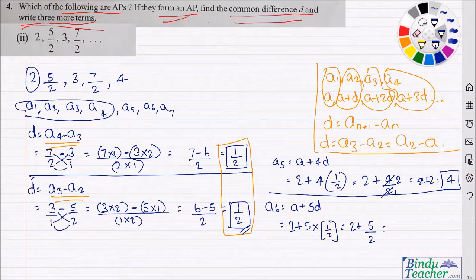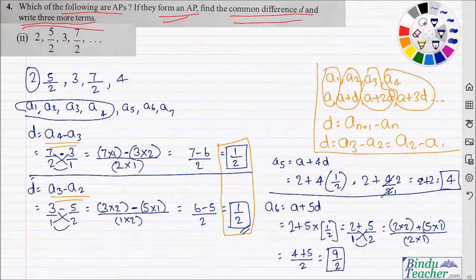Now here I'll add a denominator as 1: numerator into denominator, which is 2 into 2, plus numerator into denominator, which is 5 into 1, the whole divided by denominator into denominator, 2 into 1, which equals 4 plus 5 by 2, which equals 9 by 2. So 9 by 2 is the sixth term. Let's write that down here.